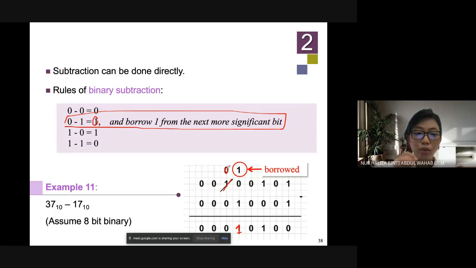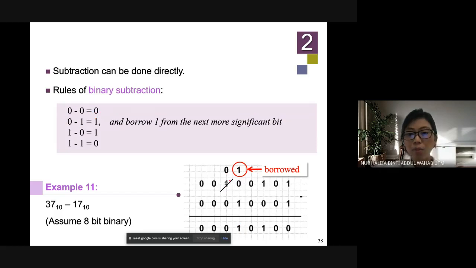Okay? So please make sure of this step, remember that 0 minus 1 is going to be 1. Don't do the borrow first. When you bring the borrow here, it becomes 1, and suddenly you do 1 minus 0, 1 minus 1, you get 0 here. So your answer will be wrong. So please take note of this step.